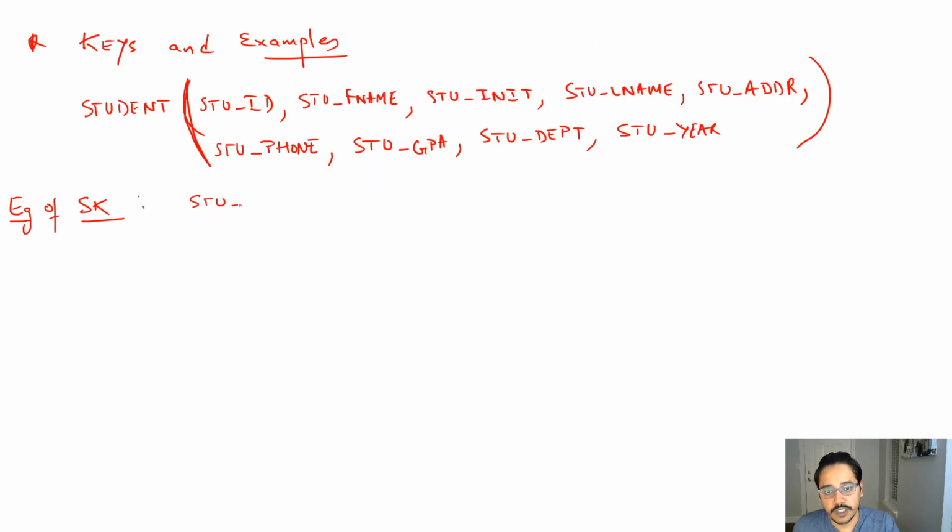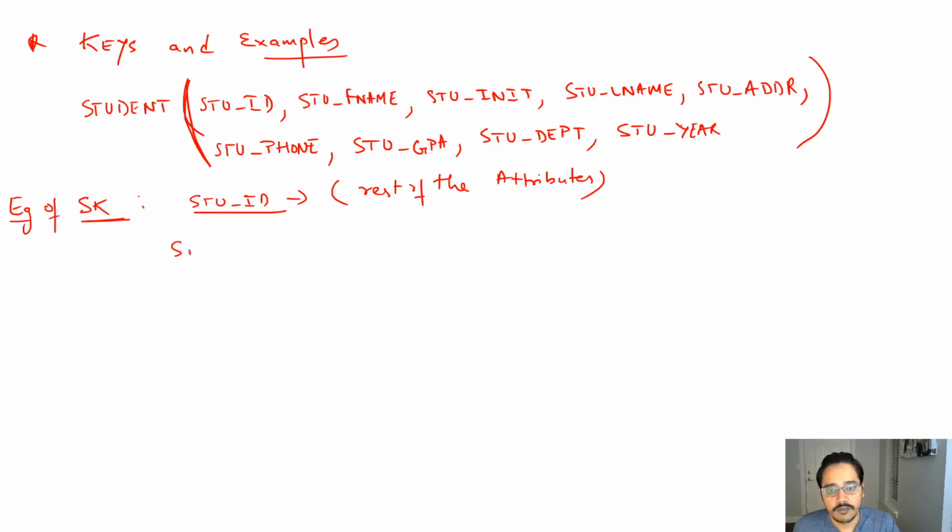And they have to be unique, right? So if you know the student ID, you can determine the rest of the attributes.